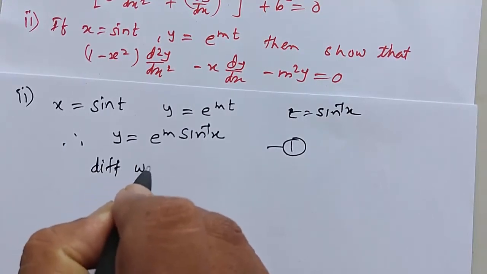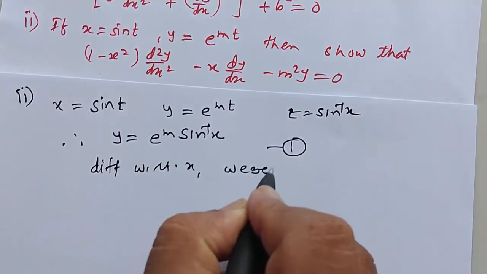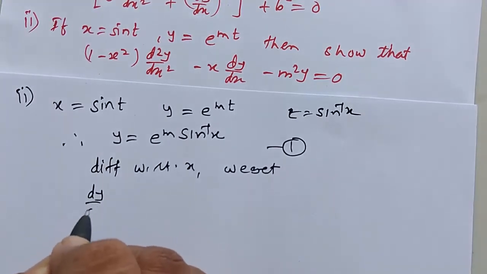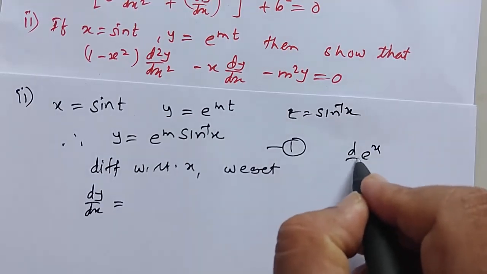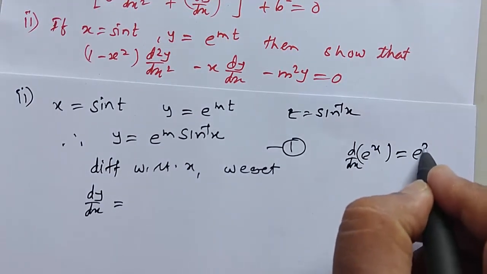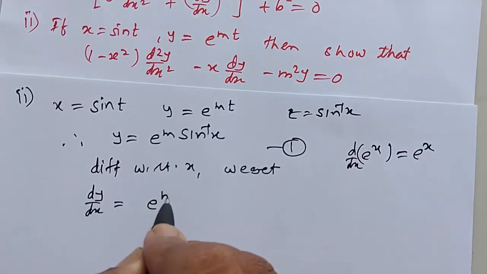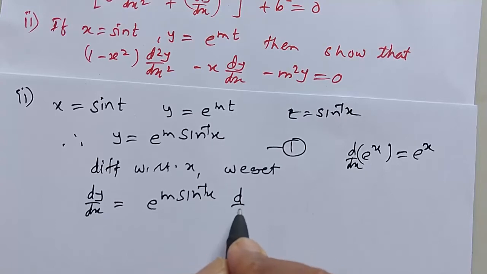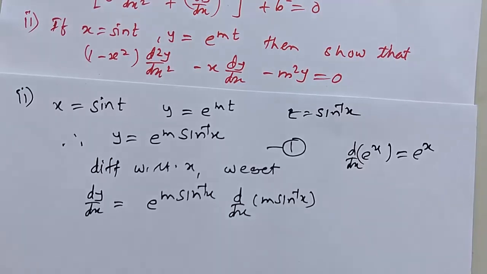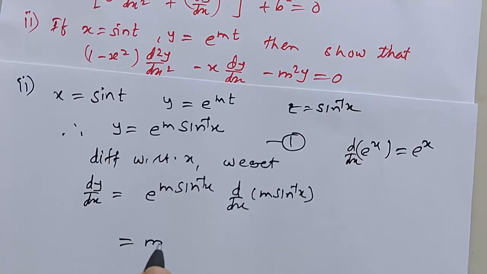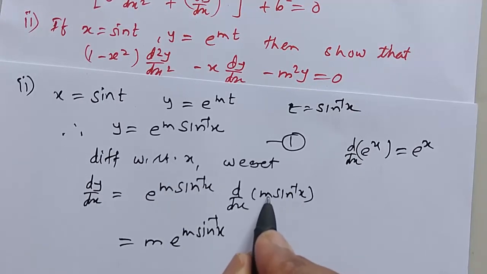Differentiating with respect to x, we get dy by dx is equal to, we know that the derivative of e raised to x is itself, so here e raised to m sin inverse x, by using chain rule, derivative of m into sin inverse x.